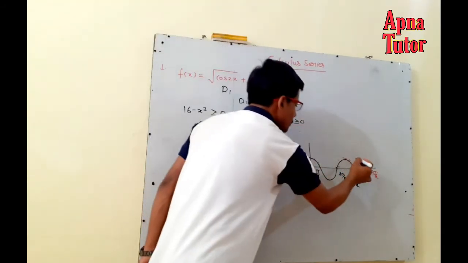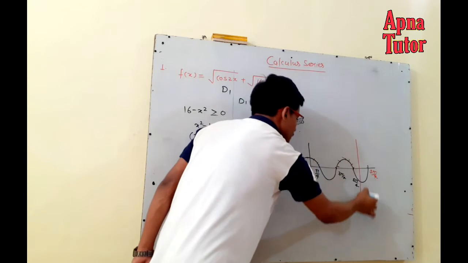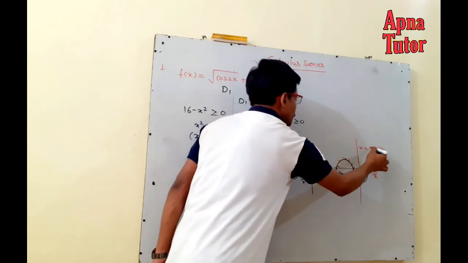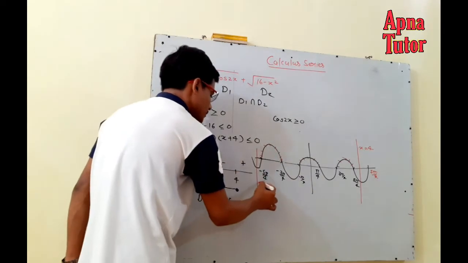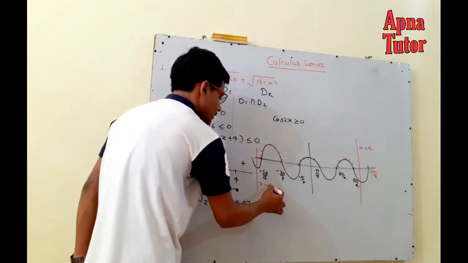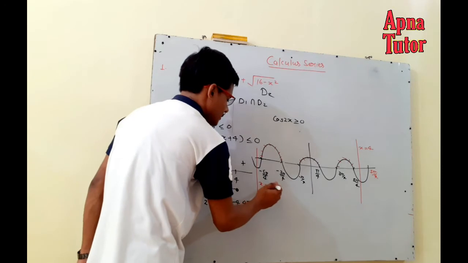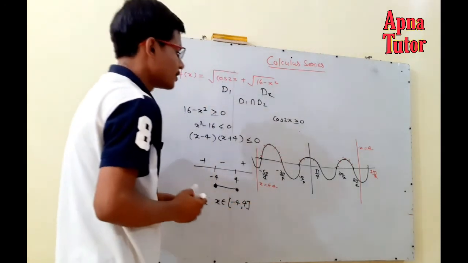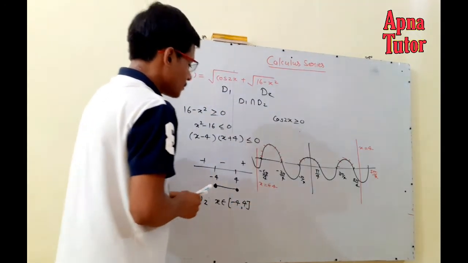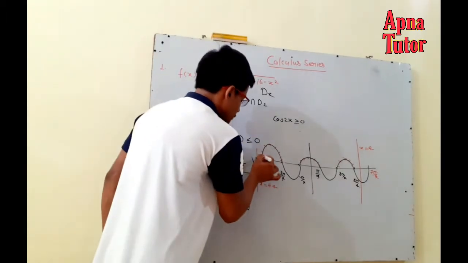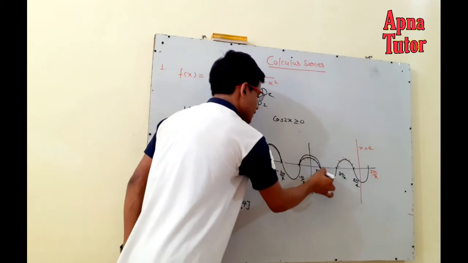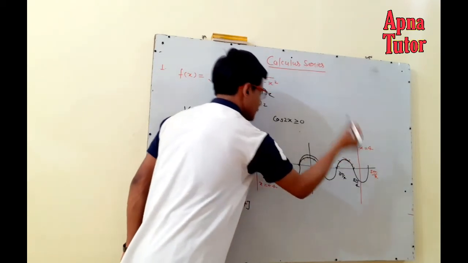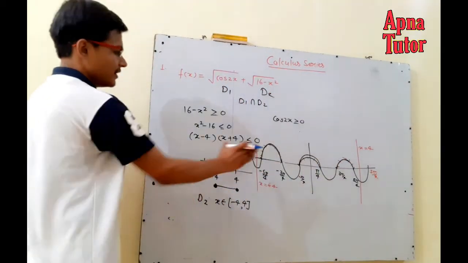So your x equal to 4 will be somewhere here, and x equal to minus 4 will be somewhere here. So what can you conclude? What will be your positive domain? These are the positive parts within this boundary.